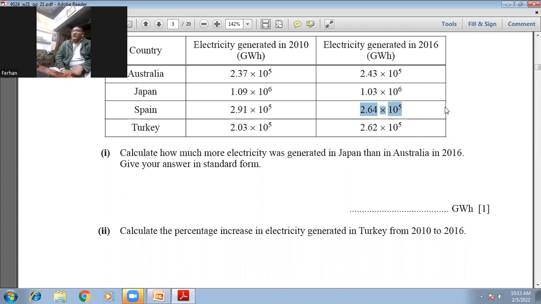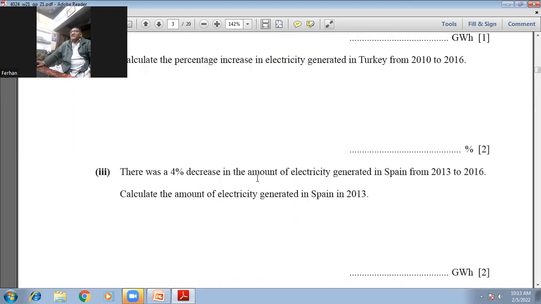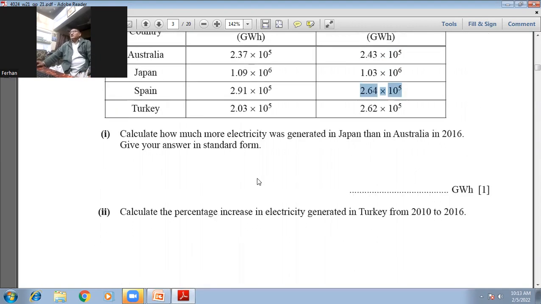And they are talking about 2013. In 2013, how much electricity was produced in Spain? We don't know that. And it said that there is a 4% decrease in the amount of electricity generated. So suppose in 2013, the electricity produced is X, and then there will be a 4% decrease.